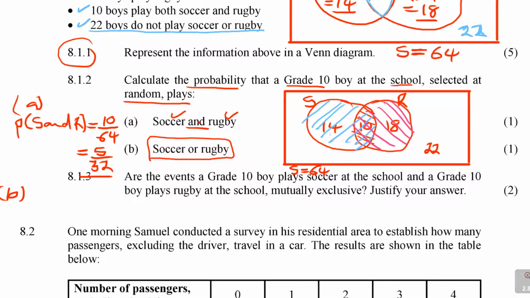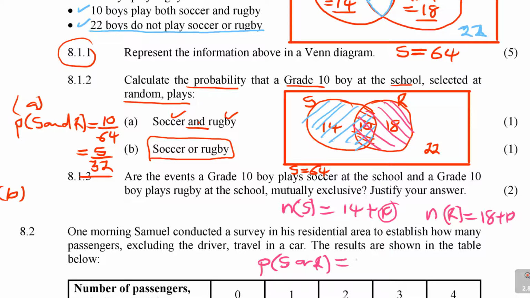You don't add twice. The number of those playing soccer is 14 plus 10, and the number of those playing rugby is 18 plus 10. But you don't have to repeat this 10; you include it just once. So the probability of S or R is 14 plus 10 plus 18, don't repeat the 10, divided by the total, which is 64.